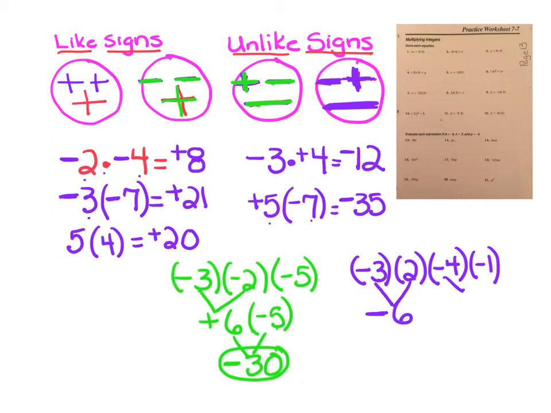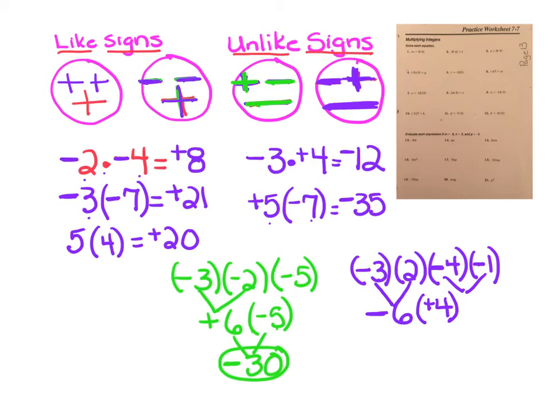But let's take these two numbers and multiply. A negative times a negative, they have the same signs. We're going to get a positive result. So in this case, we get a positive 4. Let's finish it out. We have a -6 and a positive 4.